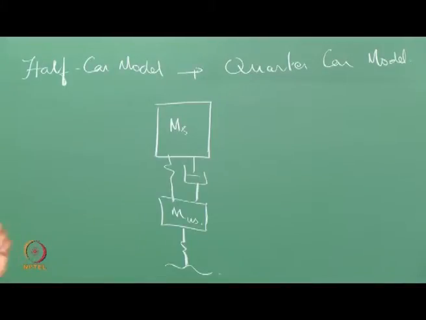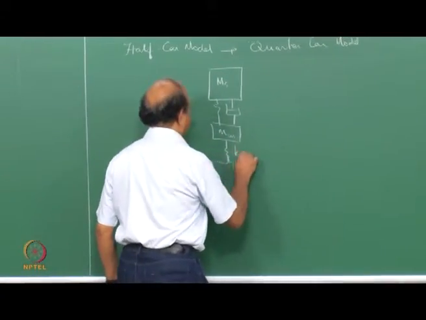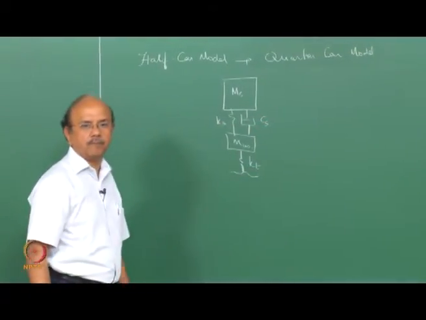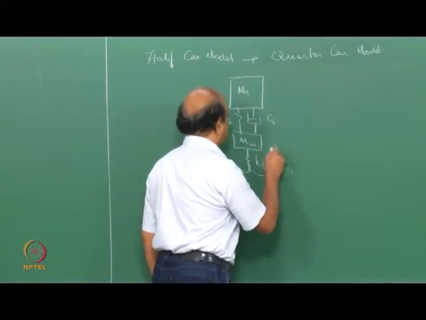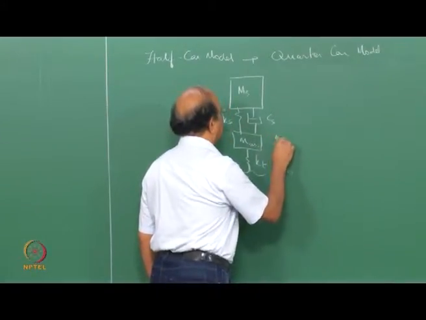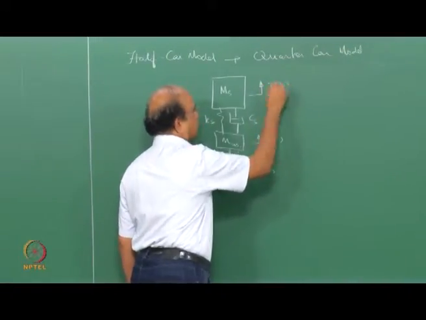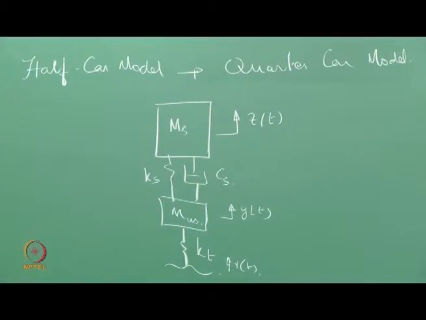If there's any difference in the notation, tell me. So this is the road input R of t. This we called y, and that we called z. Right? I think that's where we left.